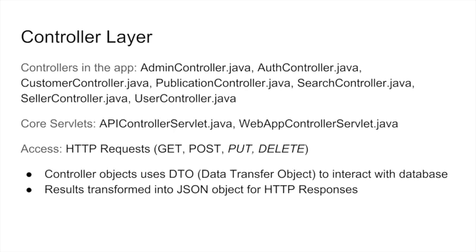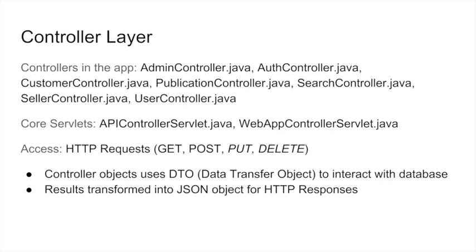The web app controller servlet mainly serves requests when the client requests an HTML document, and within that HTML document we actually have our React components that, when rendered on the client, will fetch data through our API controller servlet so that they have enough data to render meaningful dynamic content to the user.